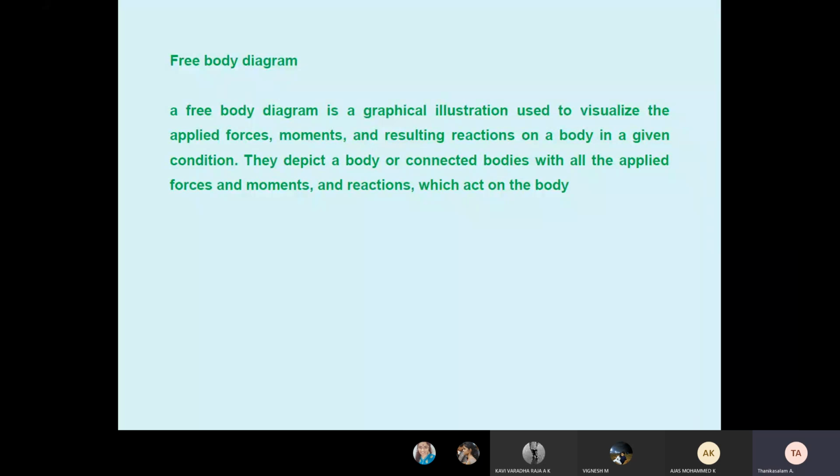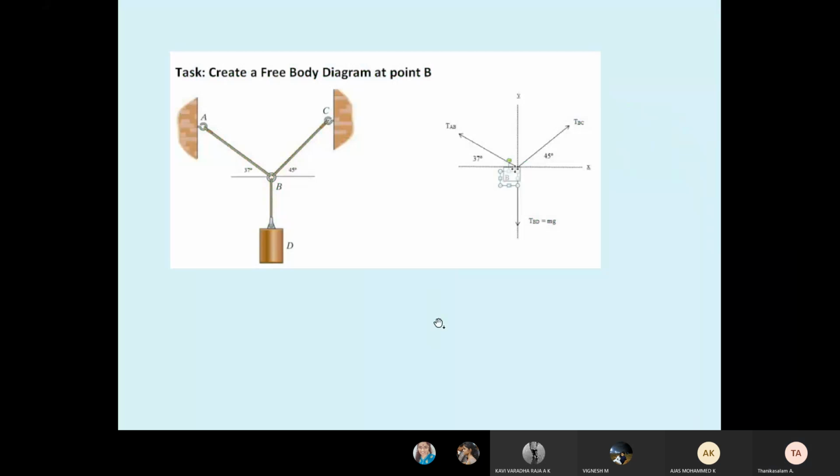So the free body diagram is a graphical illustration used to visualize the applied forces, moments, and resulting reactions on a body in a given condition. Example: see here, the point B is connected to the tensions BC and BA, with the weight hanging. This is a free body diagram.